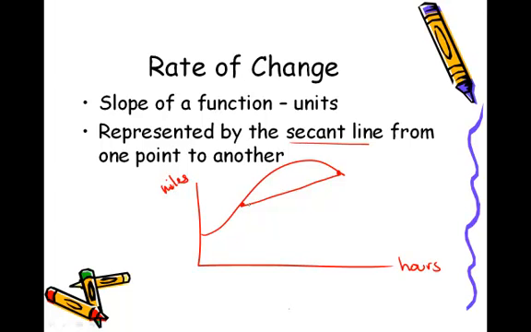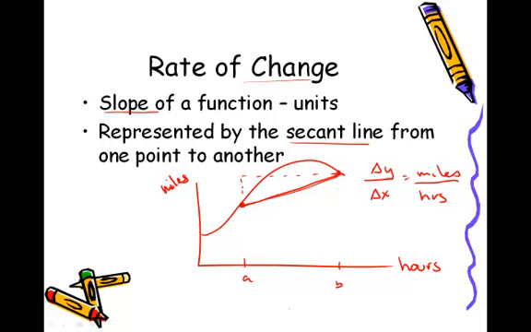The rate of change, or the slope, from one point to the other, in other words my delta y over delta x, delta y is going to be my y value, or miles, and delta x is going to be my x value, or hours, or in other words, miles per hour. So the change from point A to point B, called the rate of change or slope, can be represented by units called miles per hour.